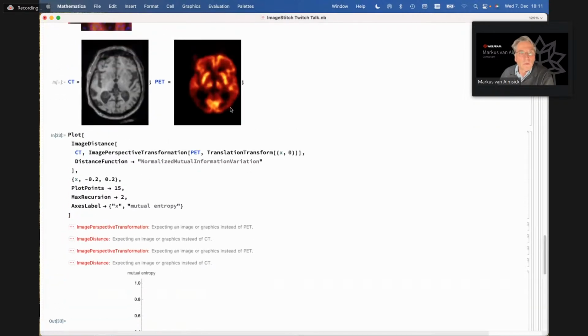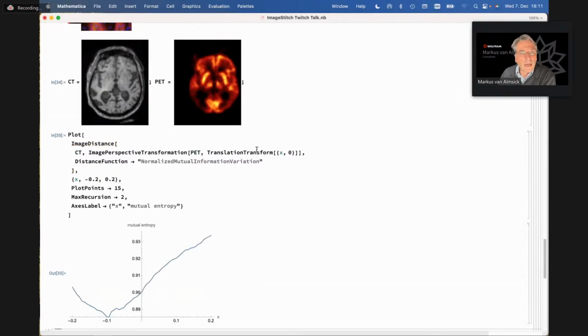And here I'll just basically show how this is done. Okay, now it's running. Evaluate these images. So if you were to, for example, put this image on the left-hand side, and then just move it in the X direction, you would see how this mutual entropy keeps going down until you are at a certain position, and then it keeps going up.